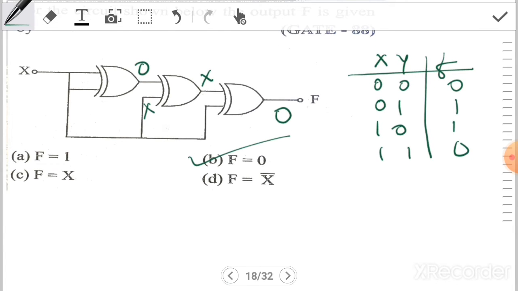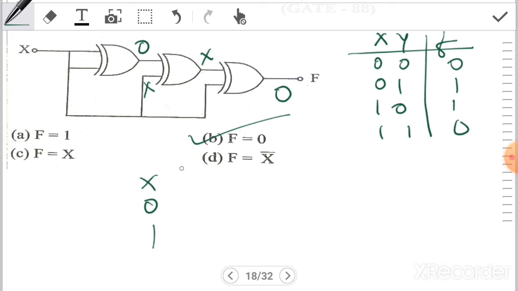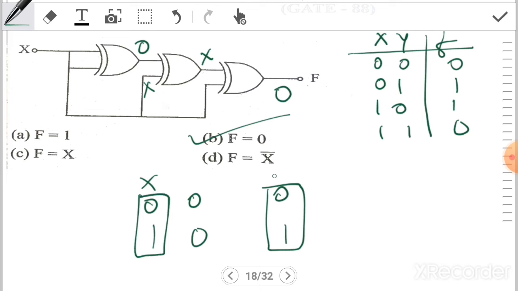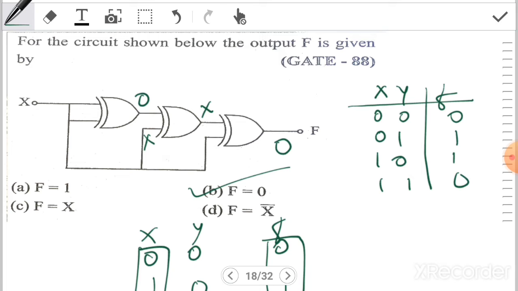See, x can be anything 0 or 1, and one input is fixed as 0. So output is x only. Okay, let's proceed.